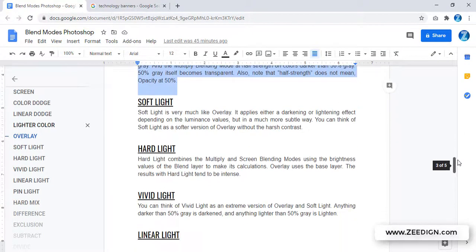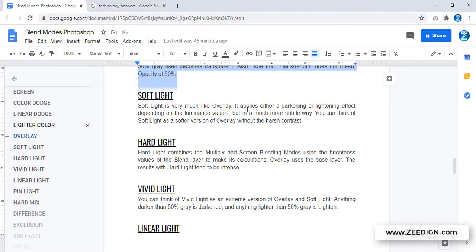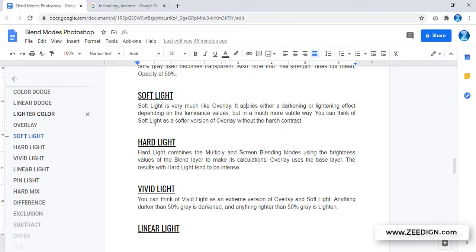So I've got soft light. Soft light is very much like overlay. It applies either a darkening or lightening effect depending on the luminance values, but in a more subtle way. So you can think of soft light as a softer version of overlay without the harsh contrast. So this is good.